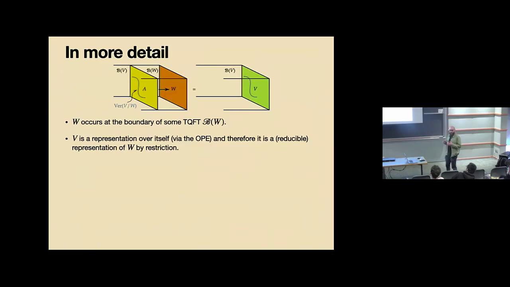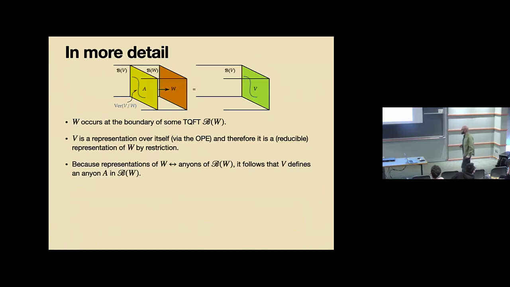And therefore, since W is a subalgebra, by restriction, it's also a representation over W, a generally reducible one. But as we described earlier, representations of W are the same things as anyons in the bulk. So from this, it follows that V defines a distinguished anyon in the bulk TQFT that supports W on its boundary.